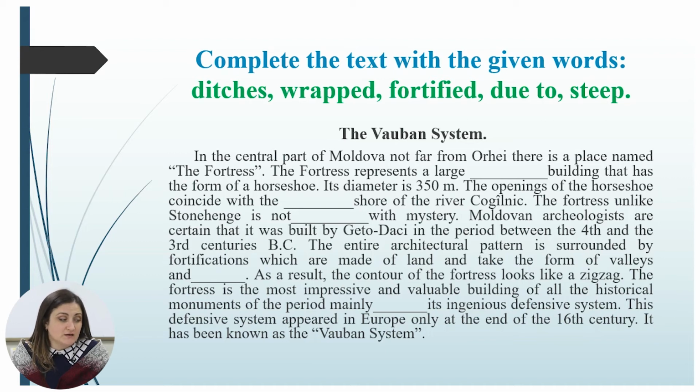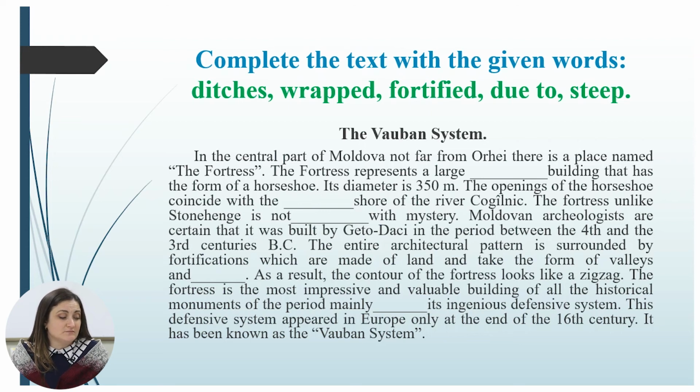The fortress, unlike Stonehenge, is not wrapped in mystery. Moldovan archaeologists are certain that it was built by the Getae-Dacians in the period between the 4th and the 3rd centuries before Christ. The entire architectural pattern is surrounded by fortifications, which are made of land and take the form of valleys and ditches. As a result, the contour of the fortress looks like a zigzag.